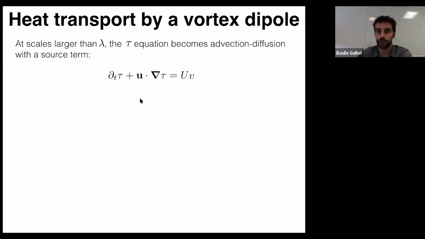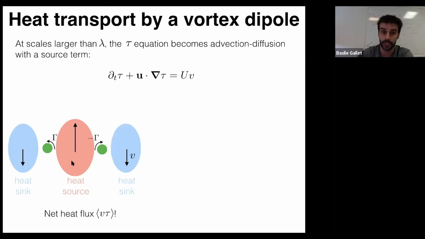So now, if you want to understand how the vortex gas is going to transport heat, you can just consider a dipole of vortices, two vortices inside the gas. Well, around this dipole of vortices, you can see that the meridional velocity is going to be positive between the two vortices and negative on both sides of the dipole. If U is positive, it means that U times V is a positive term, so it's a heat source between the vortices, and I have heat sinks on both sides of the dipole.